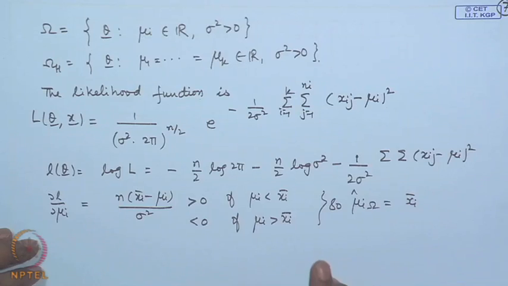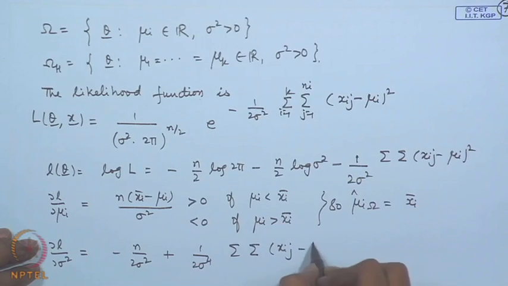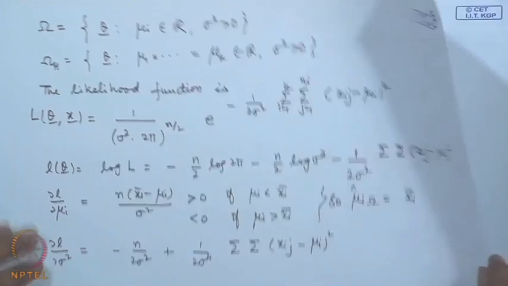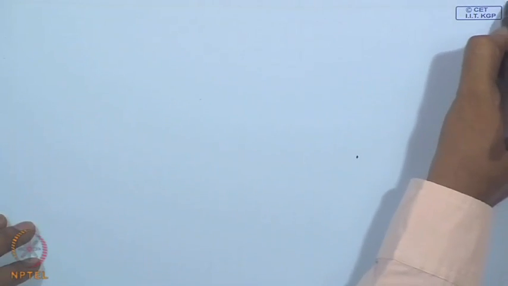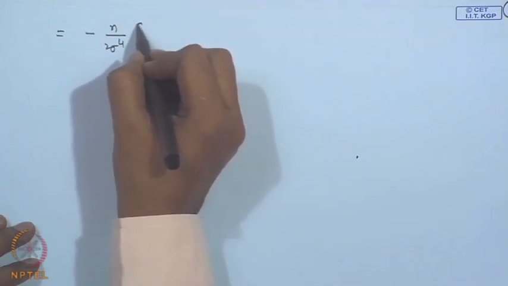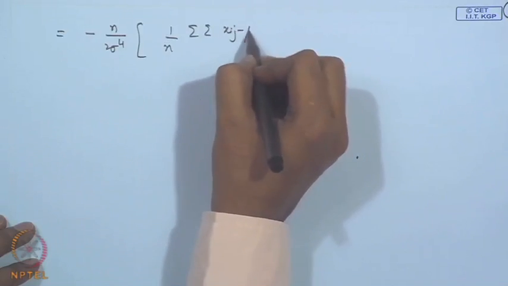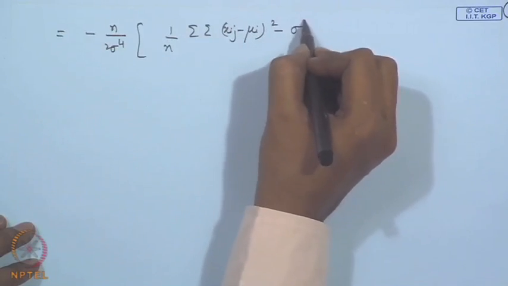Now, we consider the derivative with respect to sigma square, and I get minus n by 2 sigma square plus 1 by 2 sigma to the power 4 double summation x i j minus mu i square, which I can write as minus n by 2 sigma to the power 4 times 1 by n double summation x i j minus mu i square minus sigma square.